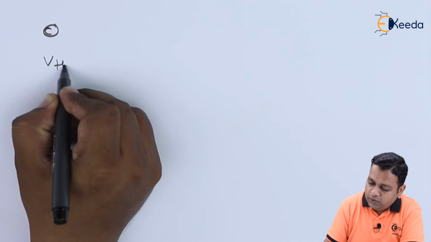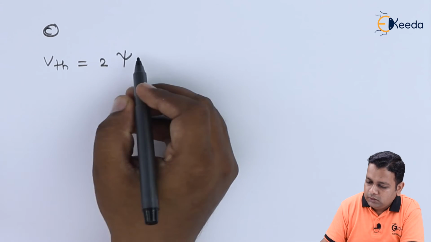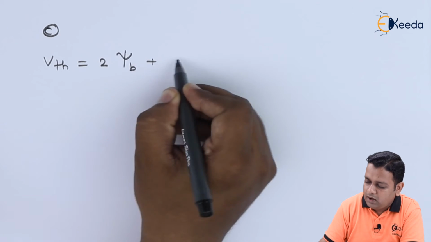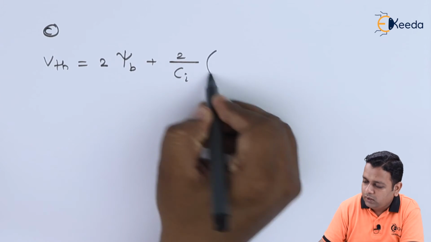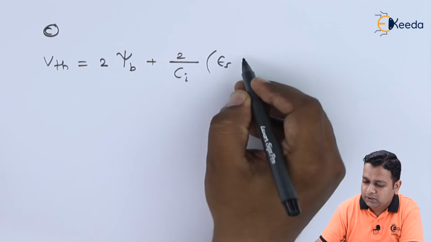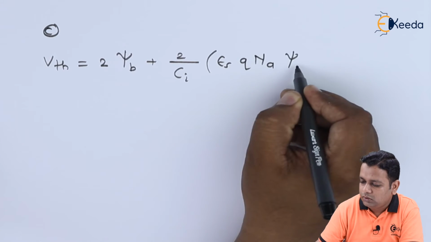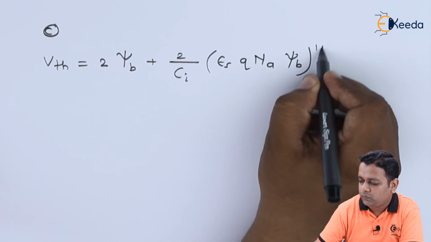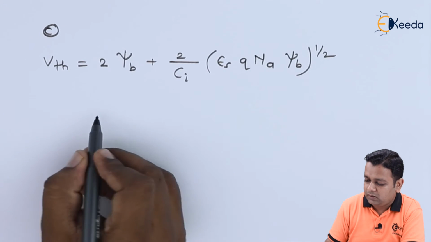Threshold voltage VTH is computed as twice psi suffix B added with twice by C suffix I in multiplication to the square root of epsilon suffix s into Q into NA into psi suffix B. Hence I put 1 by 2 as a power to this bracket here.